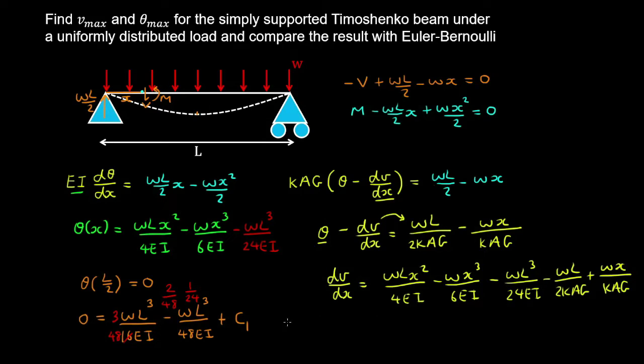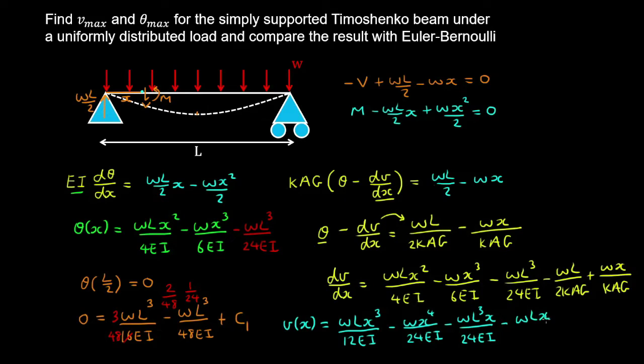And now we can integrate this equation to get an expression for the deflection. So that would be WL by x cubed on 12 EI minus Wx to the 4 on 24 EI, then minus WL cubed by x on 24 EI, then minus WLx on 2 kappa Ag, and then plus Wx squared on 2 kappa Ag, plus a constant of integration.